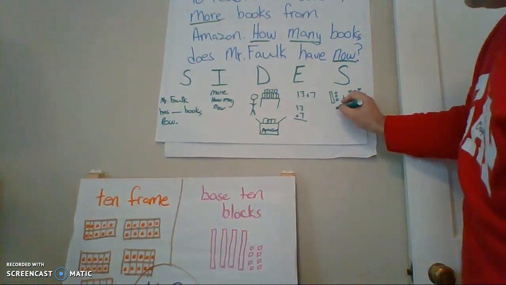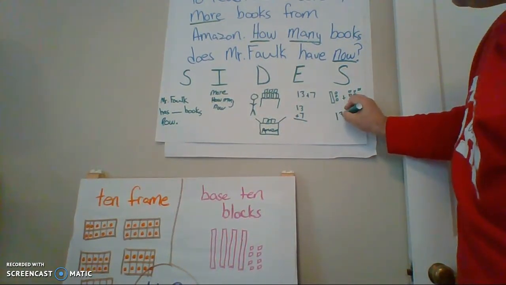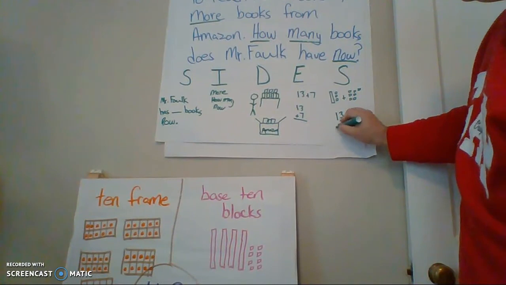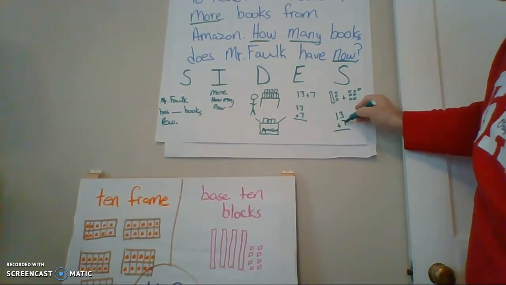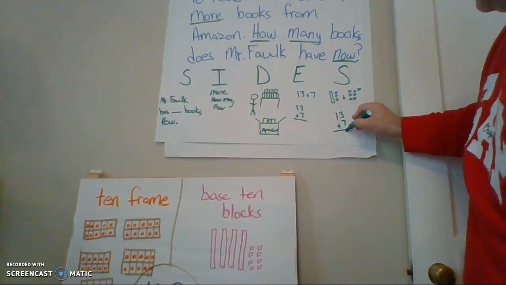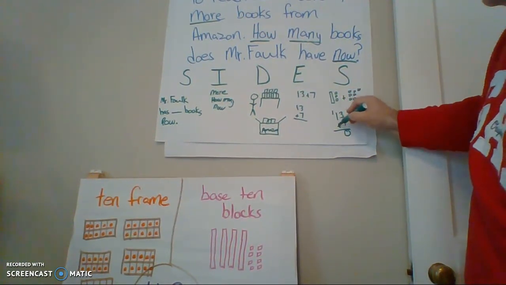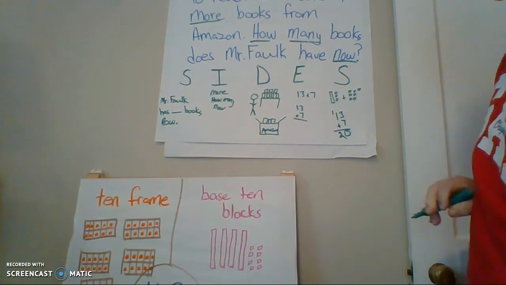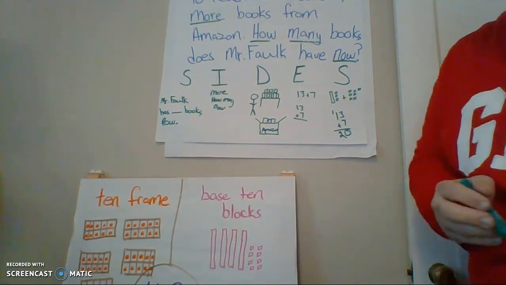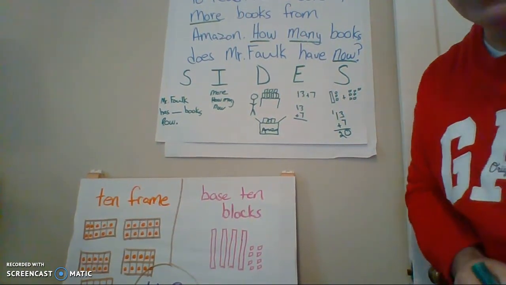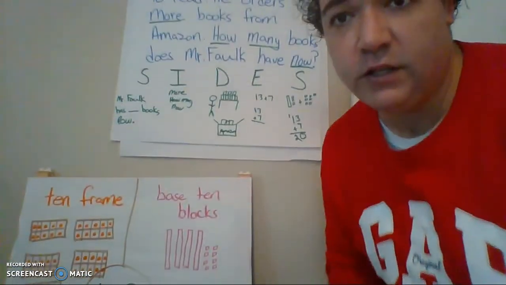I could also have added it just using the top to bottom. I know that 3 plus 7 equals 10. There's going to be a 0 there, and I carry my 1, and there's 2 ones there, so that equals 2. Your total is 20. So those are 2 different strategies that you could use. I know that there are more that you can use.